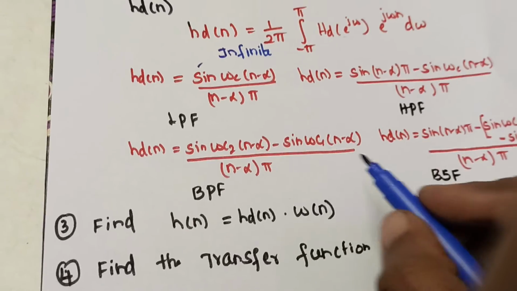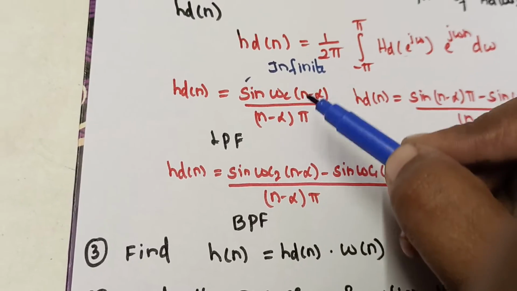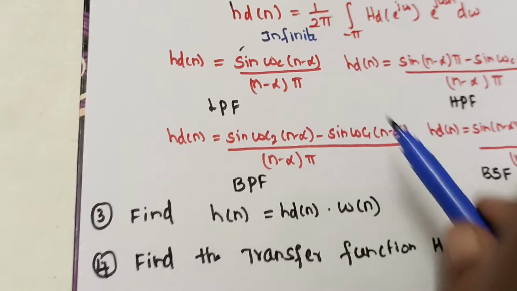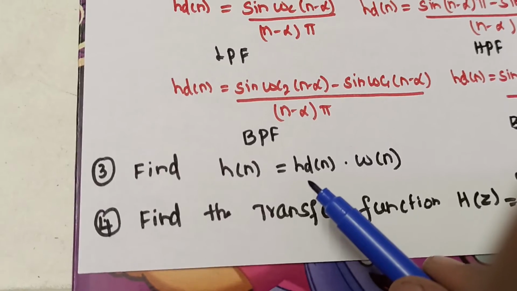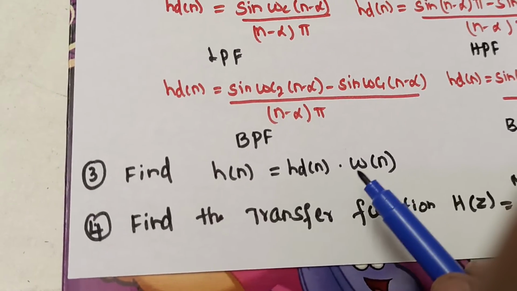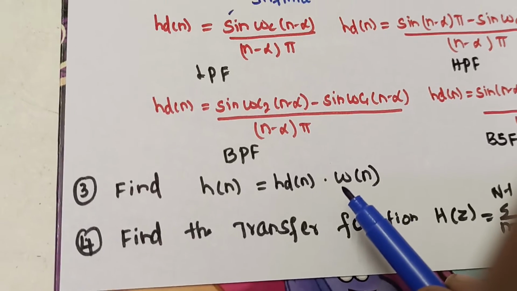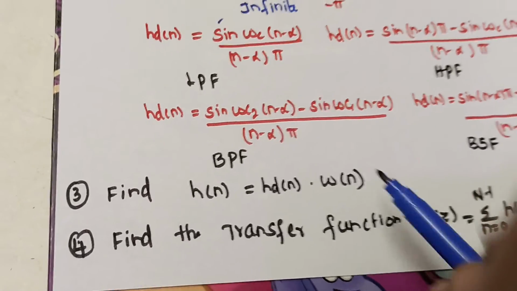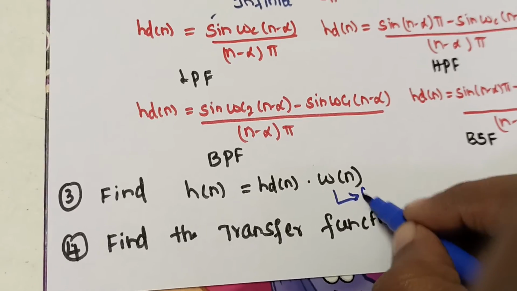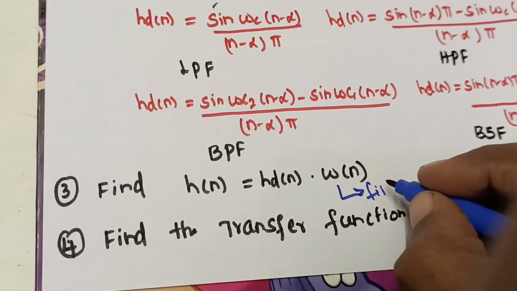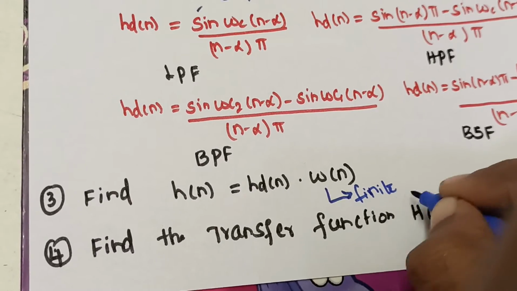So for making this infinite duration sequence hd of n into a finite duration sequence, in the third step we multiply hd of n with a function called window function, w of n. This w of n is a finite duration sequence.